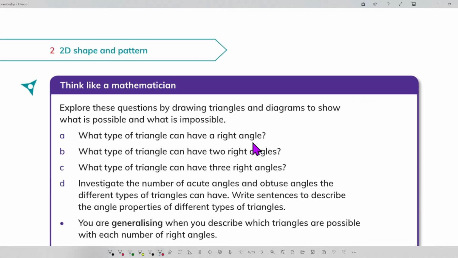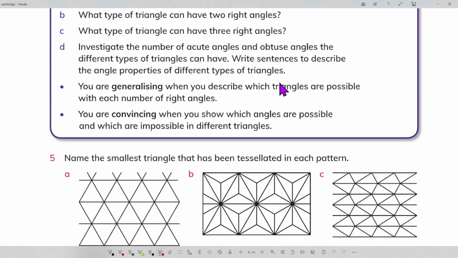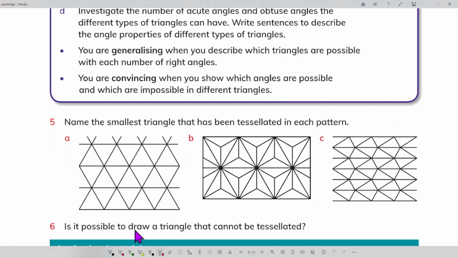Now again we go back to our regular question number 5. Name the smallest triangle that has been tessellated in each pattern. Look, here this pattern, if we observe, this angle, this angle, this angle equal, so we can say this one is equilateral.